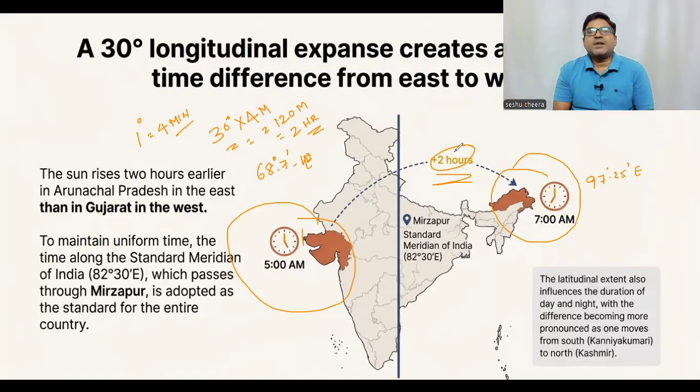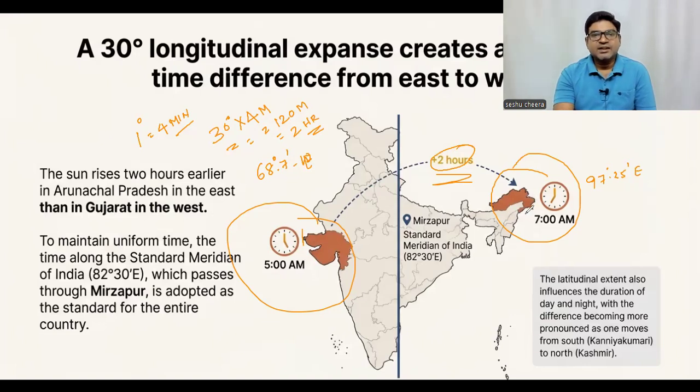Now, is it practically possible for a country, one nation, to have such a huge variation of time difference? In order to avoid confusion in daily routines like railway time, daily schedules, bank timings, flight timings, or any transaction timings, we have designed one standard uniform time zone.